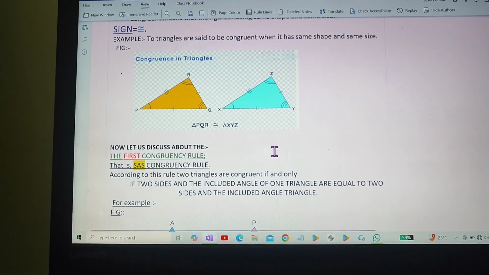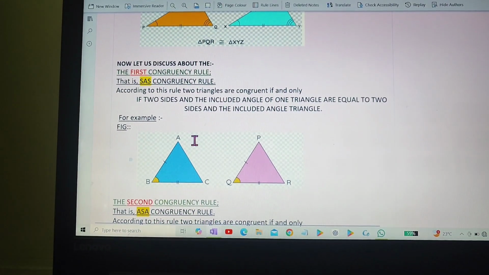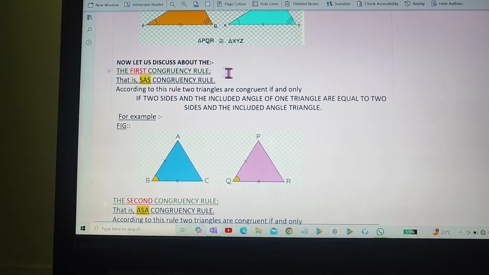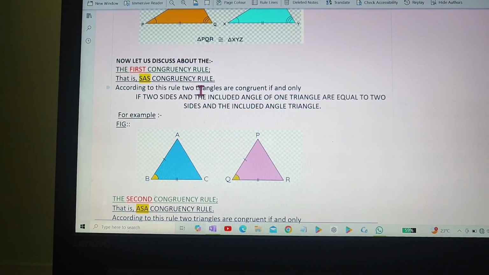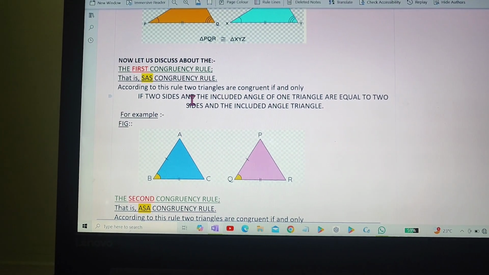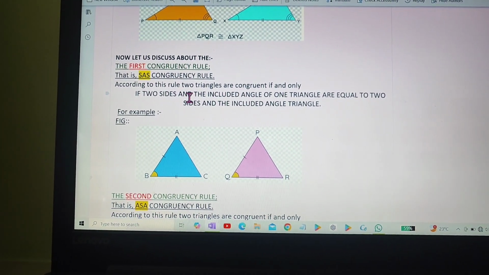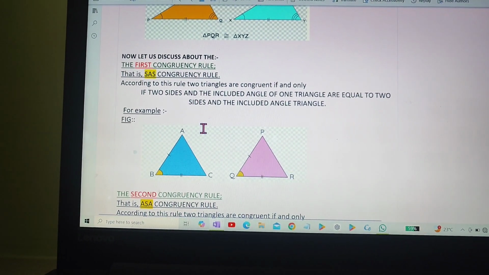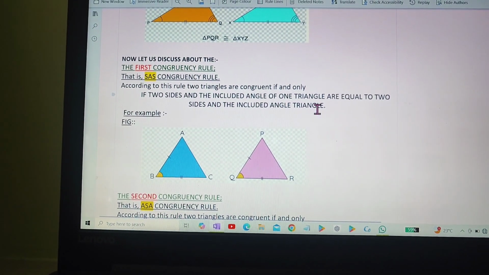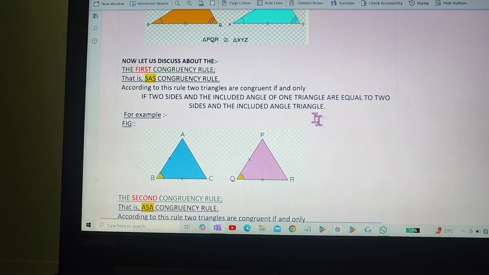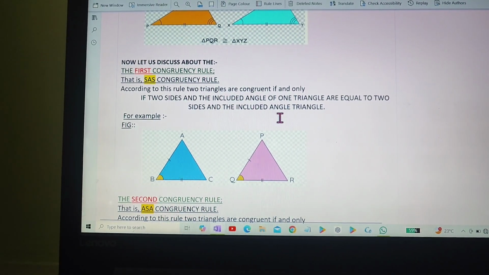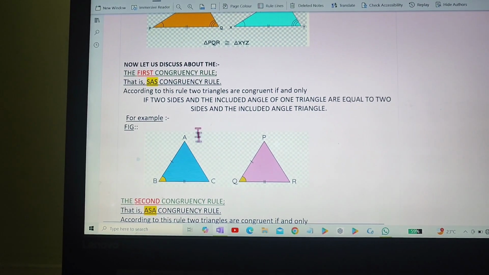So now let's discuss the congruency rules. The first congruency rule is the SAS congruency rule. According to this rule, two triangles are congruent if two sides and the included angle of one triangle are equal to two sides and the included angle of the other triangle.